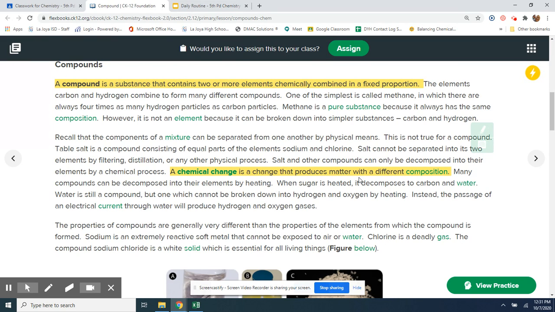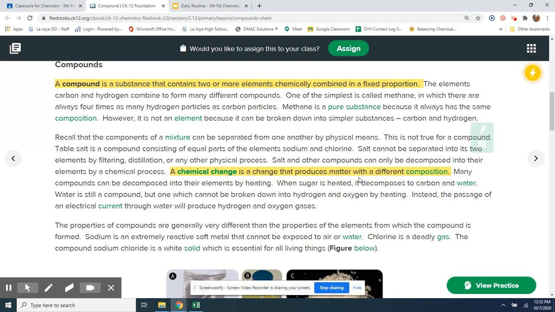If I have sugar, and I don't remember if this is the actual formula, I can separate carbon, but I'm not separating hydrogen and oxygen. As you can see, if I heat up sugar, I will get that carbon element back, but look, I make another compound, water. But if I want to separate water into its elements, hydrogen and oxygen, I have to do another chemical change.